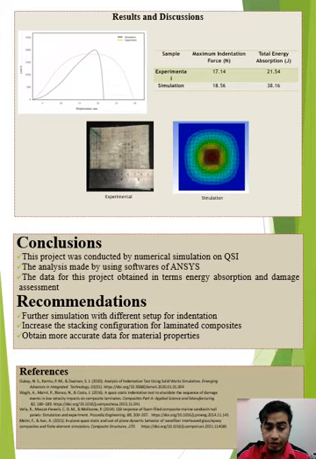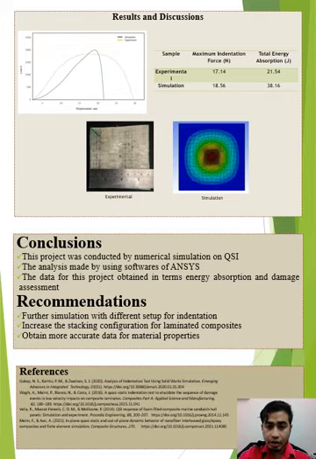The validation of the FEA simulation results was performed by selecting the highest maximum energy absorption in the experimental study. Therefore, the sample was selected as the best result obtained from the experimental.